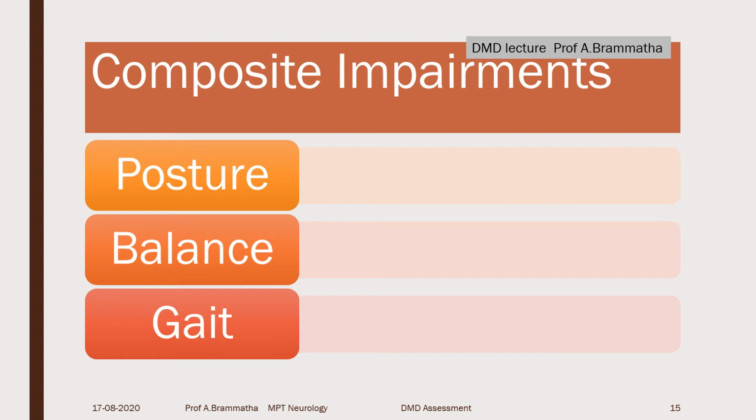There will be frequent falls, and gait also there will be a typical gait according to the muscles which are becoming weak. So classically, a DMD gait is supposed to be a waddling gait. When the child is in the late ambulatory stage, you can see a classical waddling gait because of the proximal hip muscles weakness.